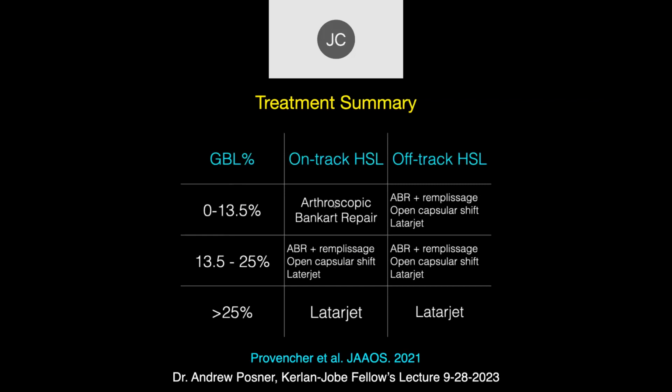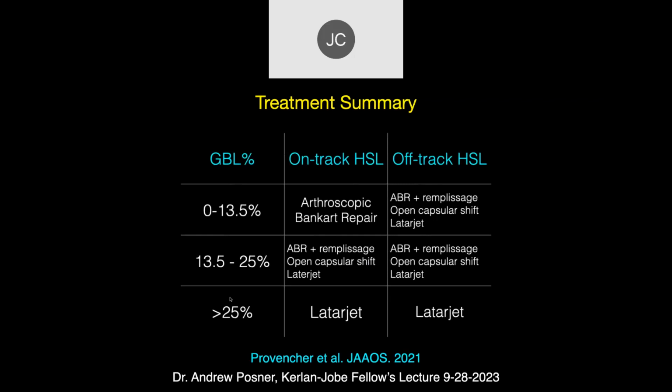If it's an on-track lesion, then you do an arthroscopic Bankart repair, which is basically suture anchor repair of the anterior labral tear. If it's an off-track lesion, then they recommend an arthroscopic Bankart repair plus a possible remplissage, and we'll talk about what that is in a minute, or an open capsular shift and a possible bony lateral J. If it's in this intermediate zone, then typically you require a more extensive surgery.